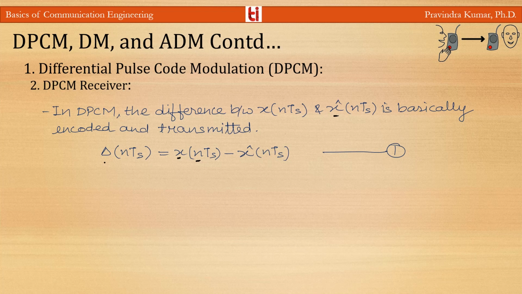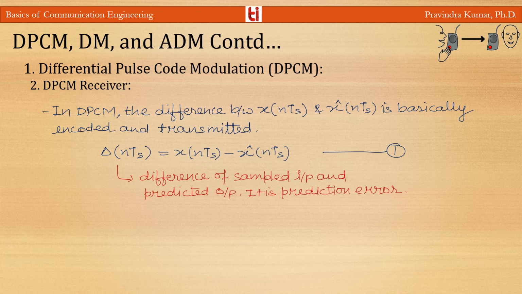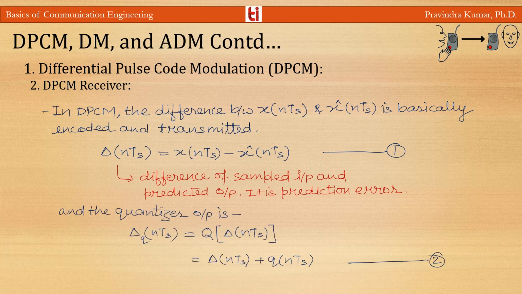In DPCM, the difference between x(nTs) and x cap(nTs) is encoded and transmitted. This difference of the sampled input and the predicted output is known as the prediction error, and the quantizer output will be equal to the quantization of this error, that is, e(nTs) plus q(nTs), where q(nTs) is the quantization error.